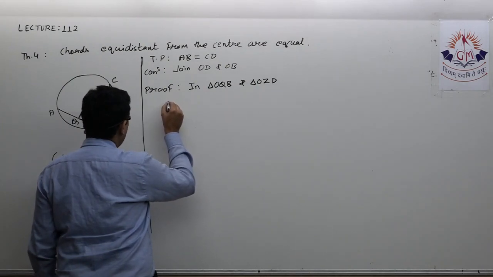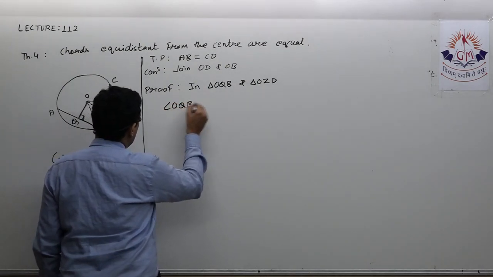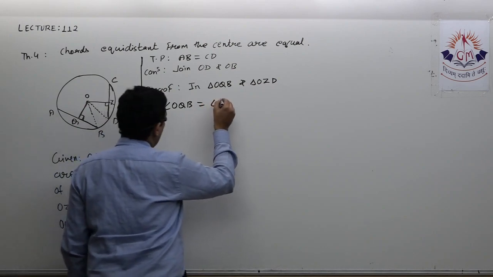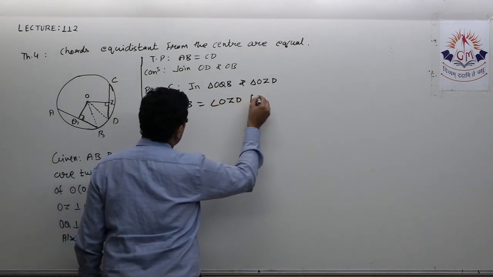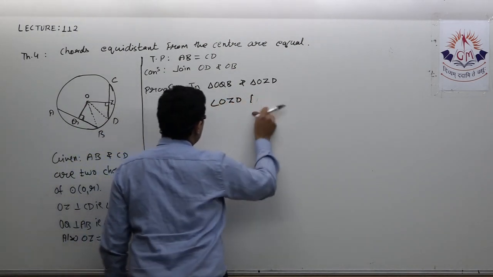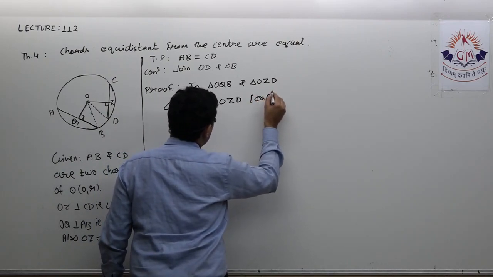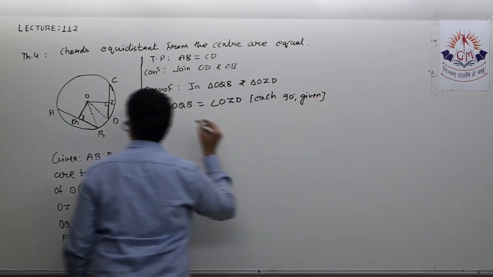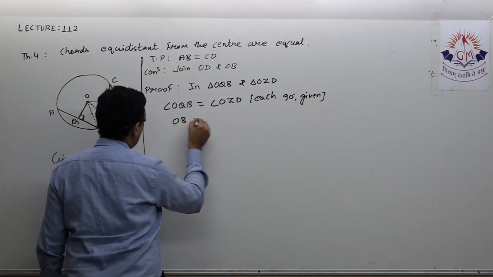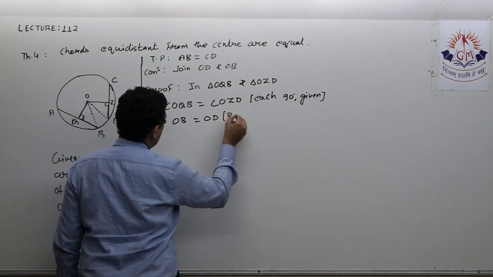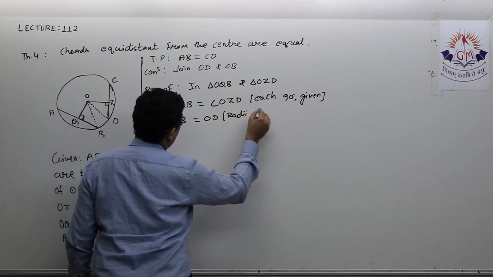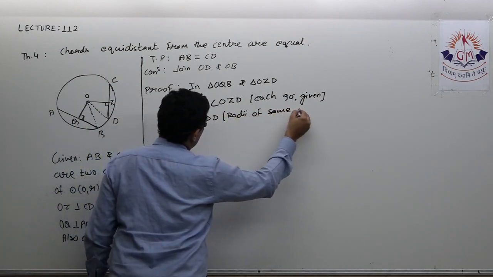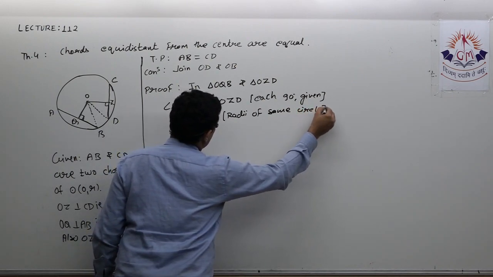So angle OQB is equal to angle OZD, each 90 degrees, that is given. Then OB is equal to OD, reason: radii of the same circle.